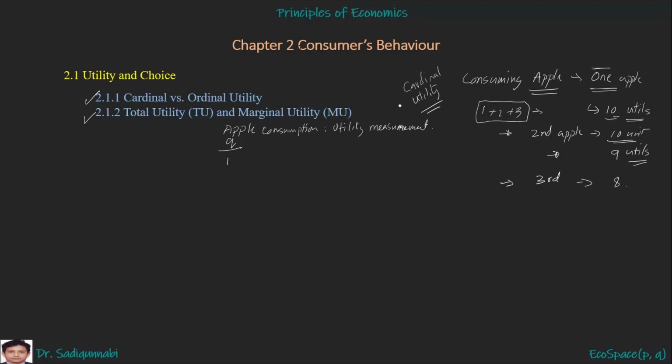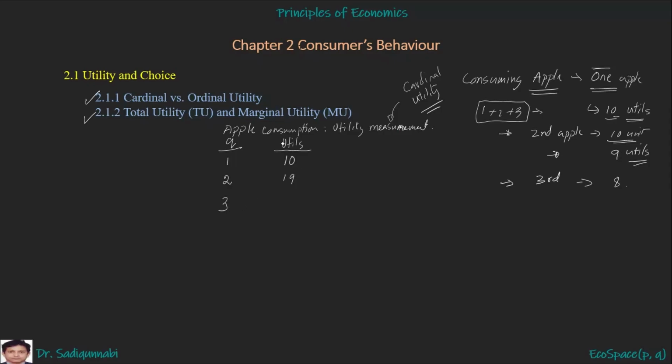And this utility measurement is in the cardinal sense. So when quantity is 1, the utils are, suppose the first apple you are getting 10, and for the second apple you are not getting 20, actually you are getting maybe 19.